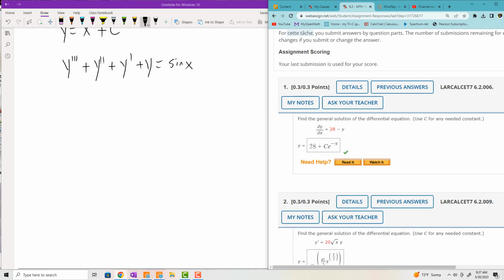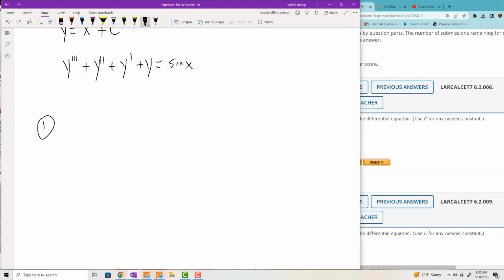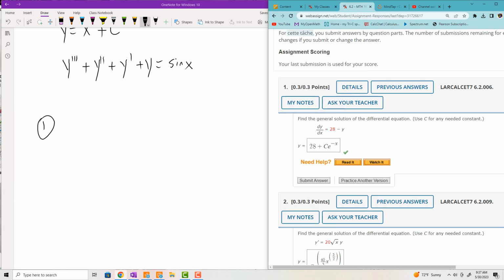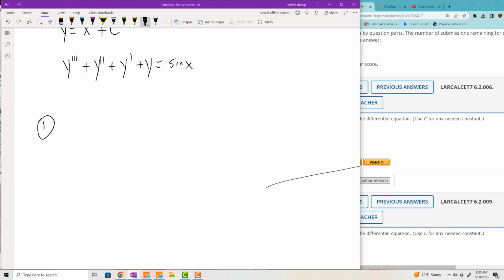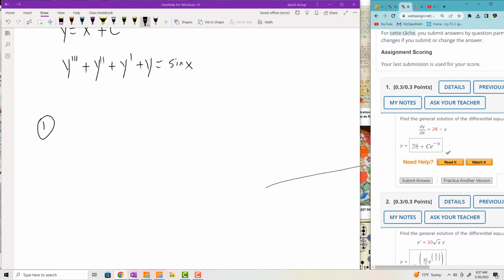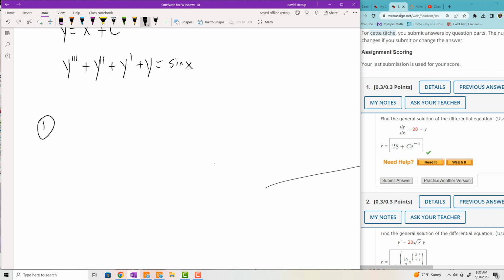Okay, so we'll start you easy with problem 1. There we go. Okay, so I have dy all over dx equals 28 minus y. So the objective is to get any variable with a y on the left and any variable with an x on the right.